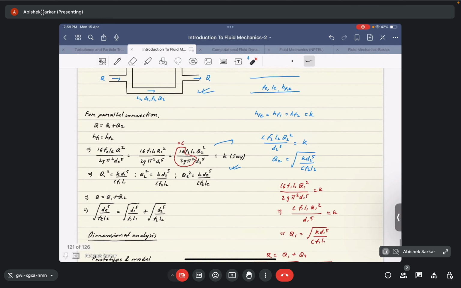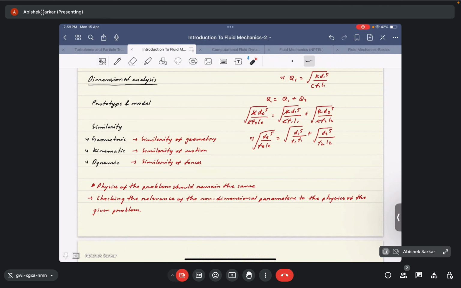So the final concept that we have in our hand is the concept of dimension analysis, as I was mentioning. Again, I will not go deep into it. It's a very extensive topic to discuss, with lots and lots of detailed explanation and concepts.